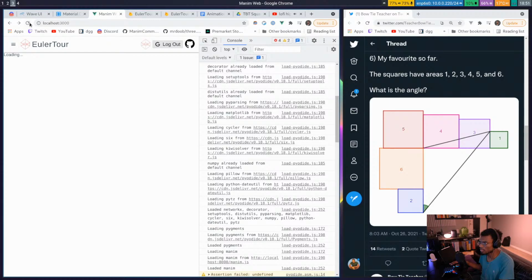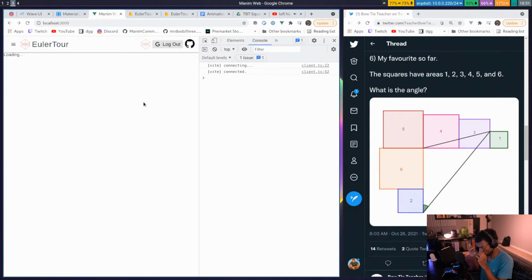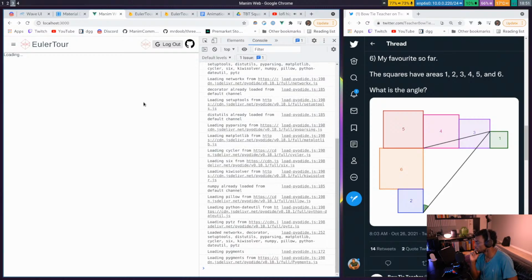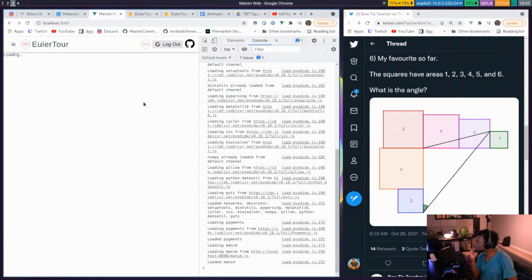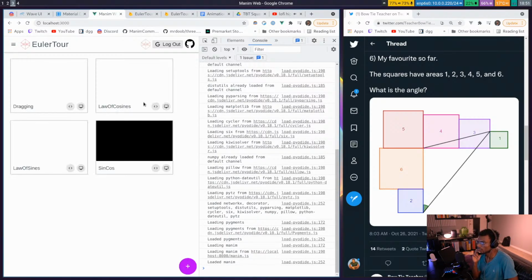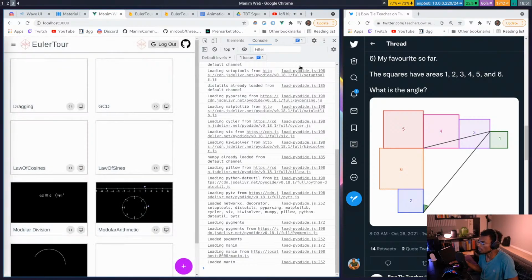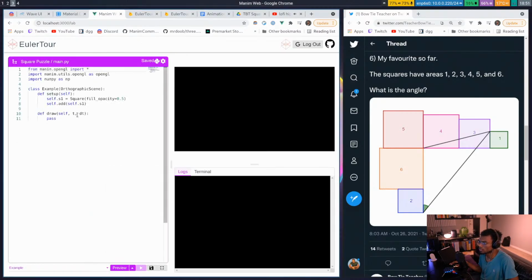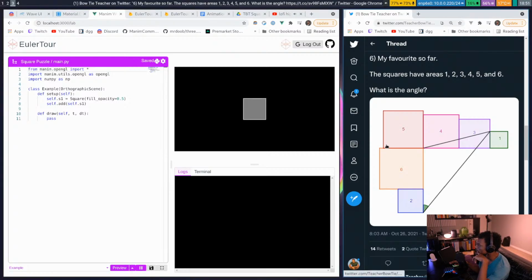Pretty sure this is a transient error. Okay. Great. As for these colors, I wish I had a color picker, honestly.